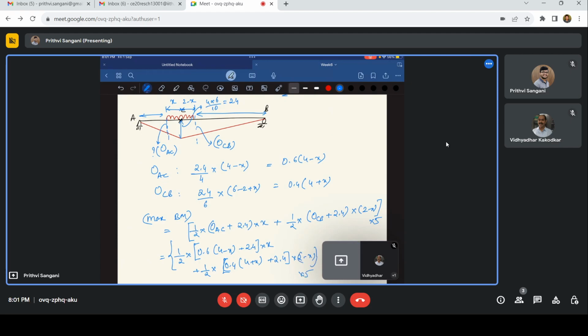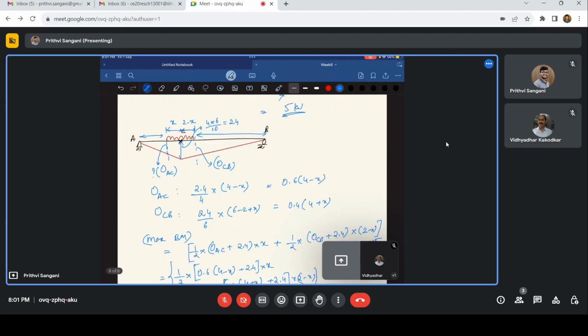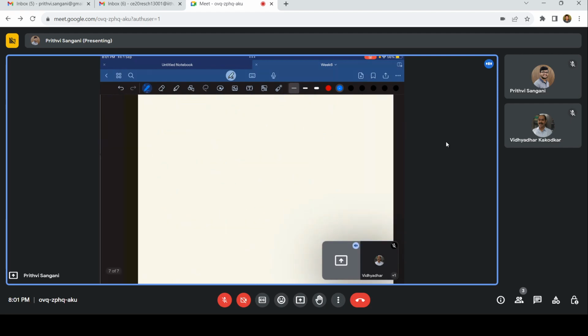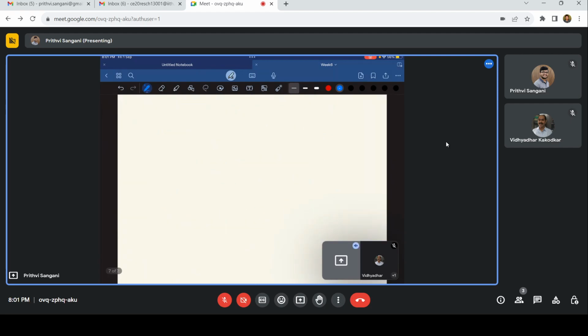Okay, it's better. I'll just copy this. So you have this. Anyways, I have this in my, yeah. So that is my expression for the maximum bending moment.